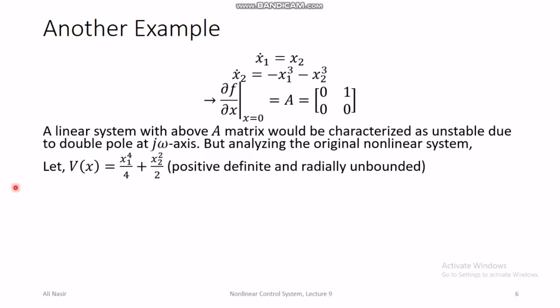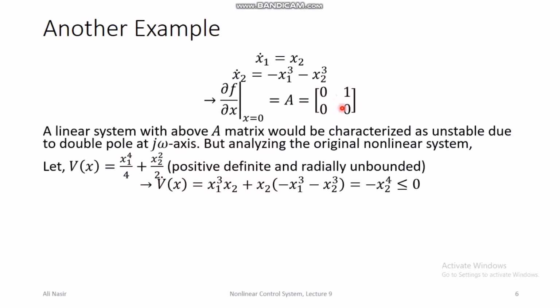If we calculate V dot using the chain rule, it turns out to be x1 cube times x2 plus x2 times minus x1 cube minus x2 cube, which equals minus x2 to the power 4, which is negative semi-definite. So this system is at least stable in the sense of Lyapunov, whereas its linear approximation is unstable.